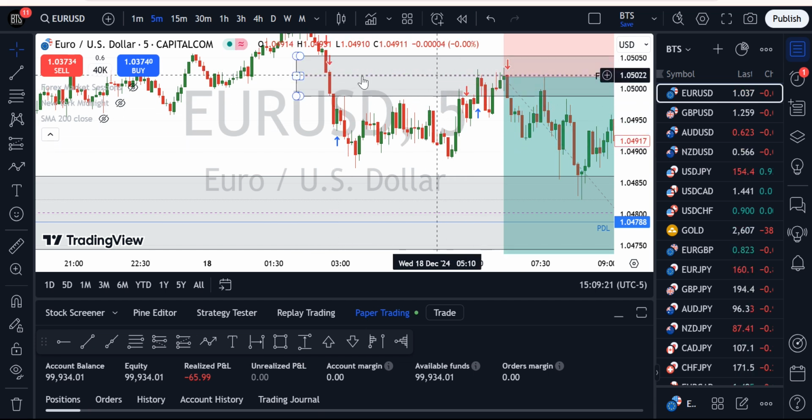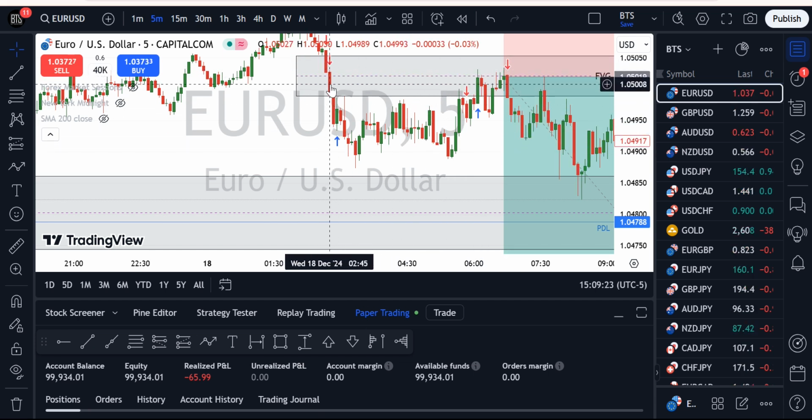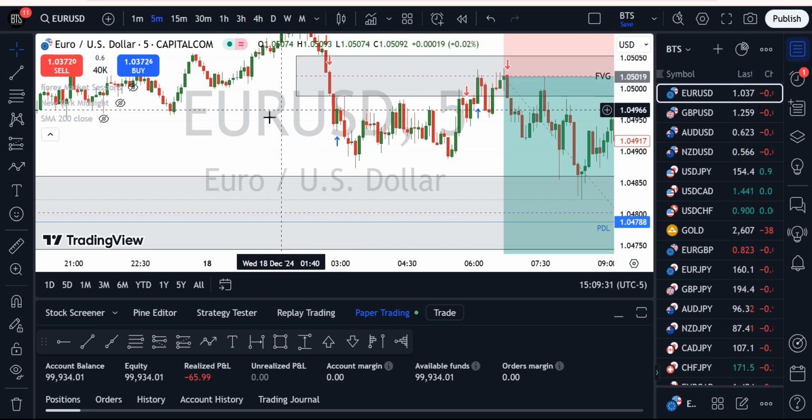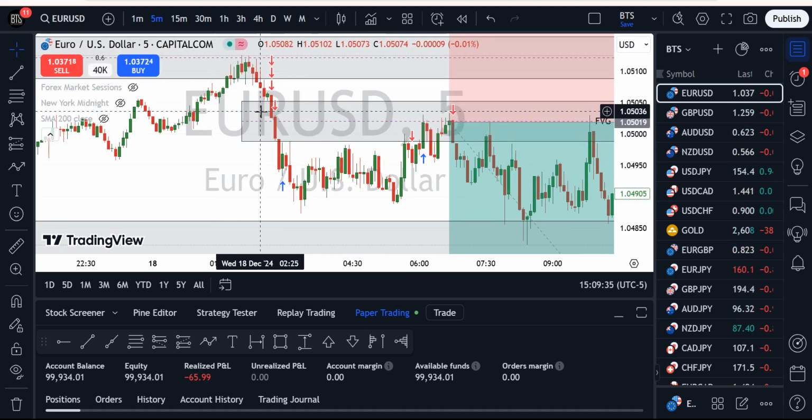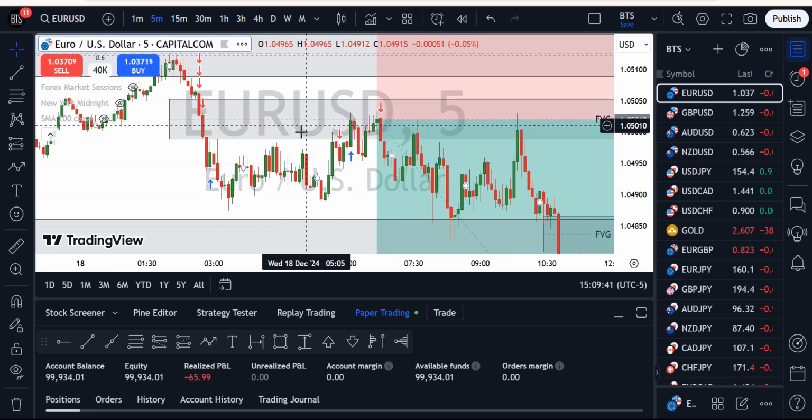Price traded, came back. I already told the chat to put their stop loss at break even. Price came back to that level, tapped our stop loss, tagged us out of the trade, and it was just so unfortunate. Now, before price tagged us out, I had this level here because this is a fair value gap.